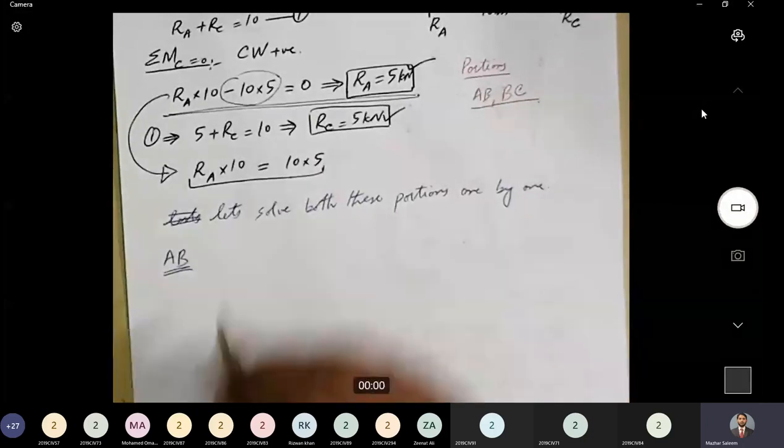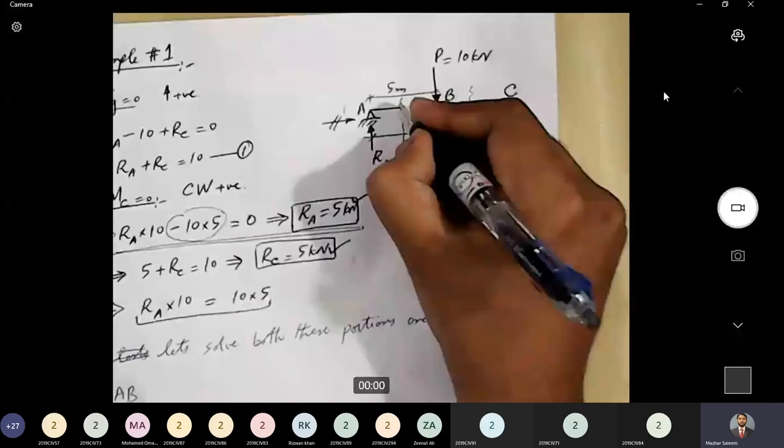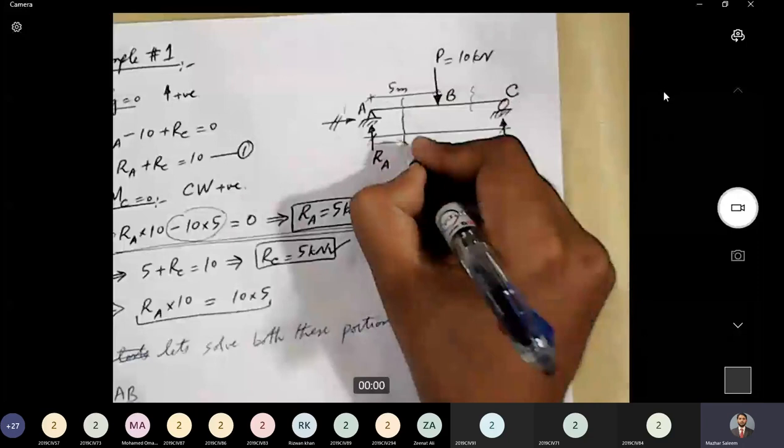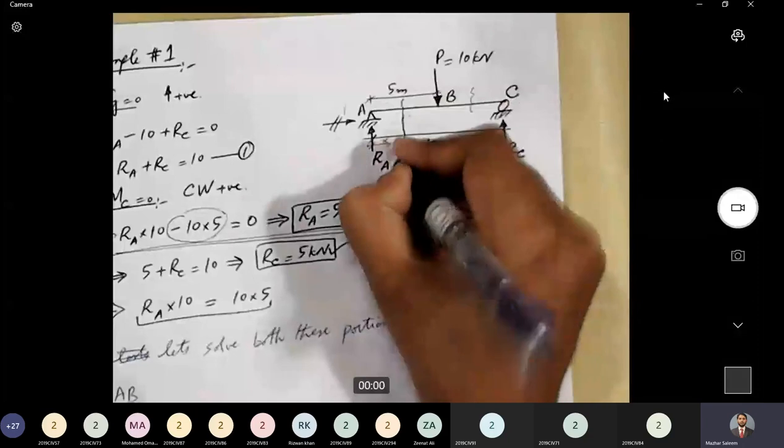Now portion AB, in order to solve this portion, we will be considering this section, and the section within any portion is always defined with a variable x. This is a portion, so I'll say that the location of this portion is x.